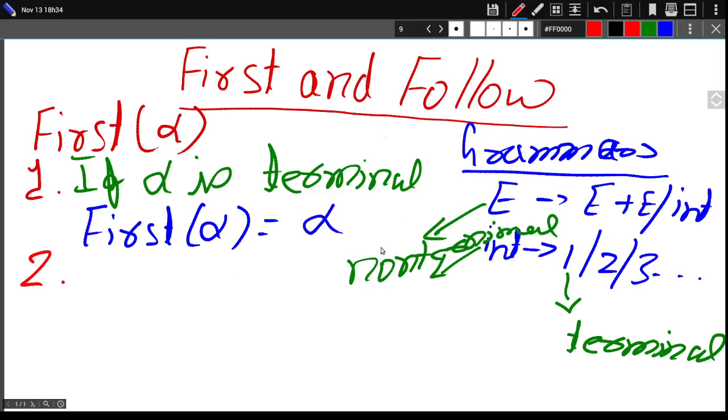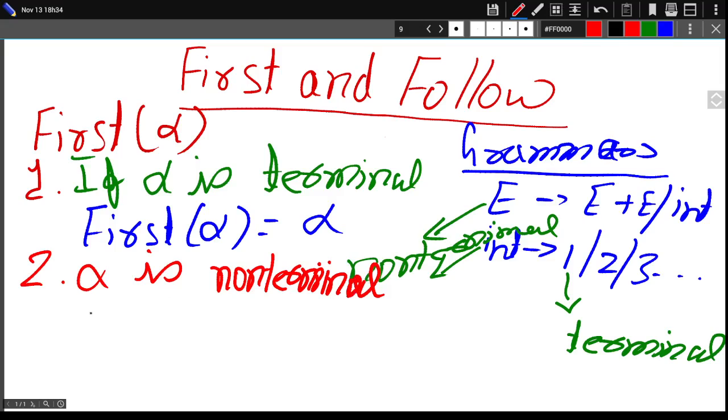if alpha is non-terminal, what to do, right? So suppose alpha is non-terminal. Non-terminal means any capital letter kind of things. Okay. So in this case what will happen, there are two things.